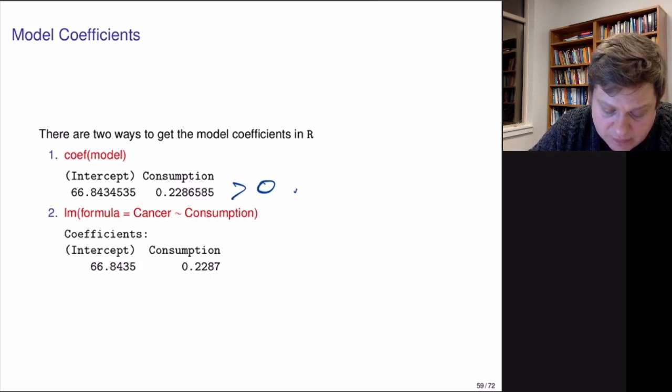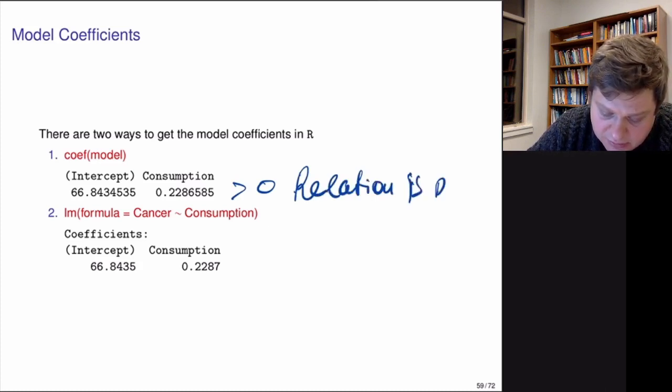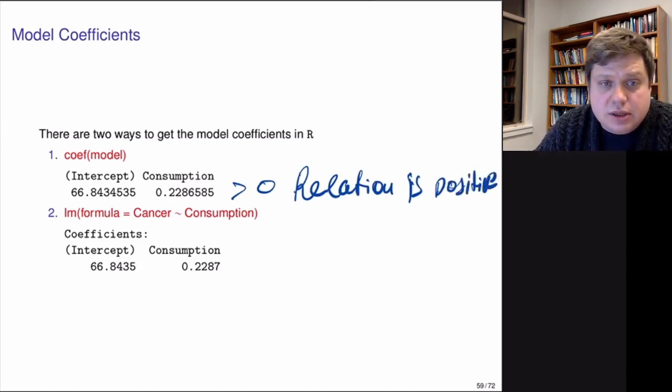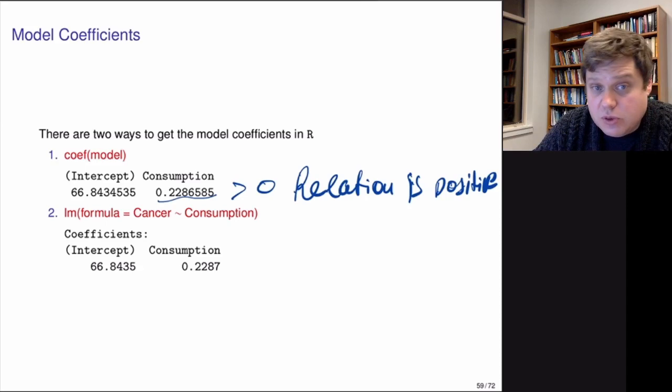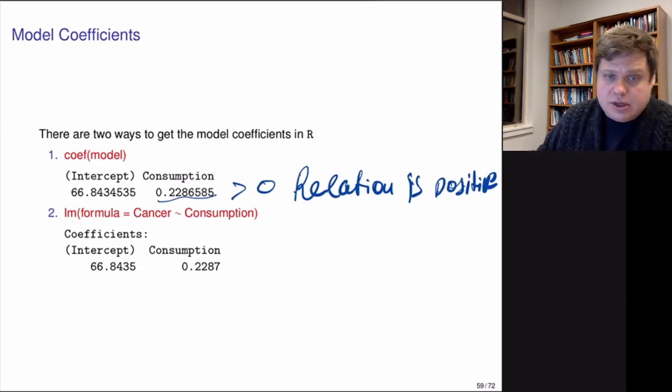And so the relation is positive. And actually this coefficient quantifies this relationship. It says that the number of lung cancer deaths goes up by 0.2 as the unit of consumption goes up by 1.